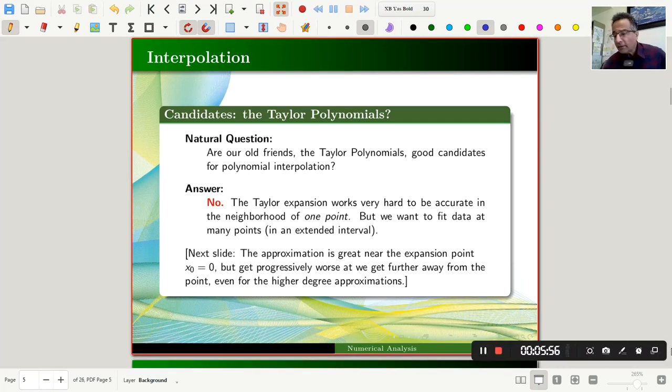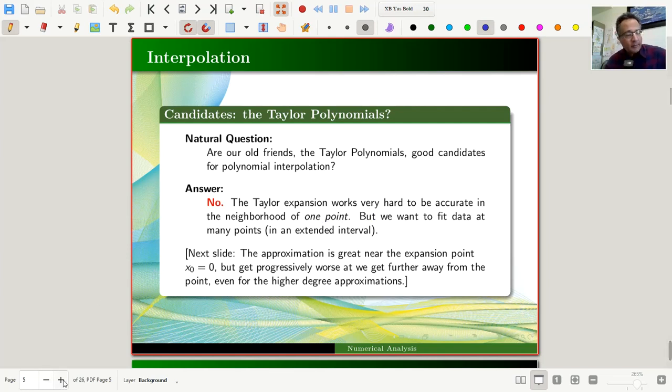The Taylor polynomial may be good for some functions, but the Taylor expansion works hard to be accurate in the neighborhood of one point, and for some functions it may not work well.